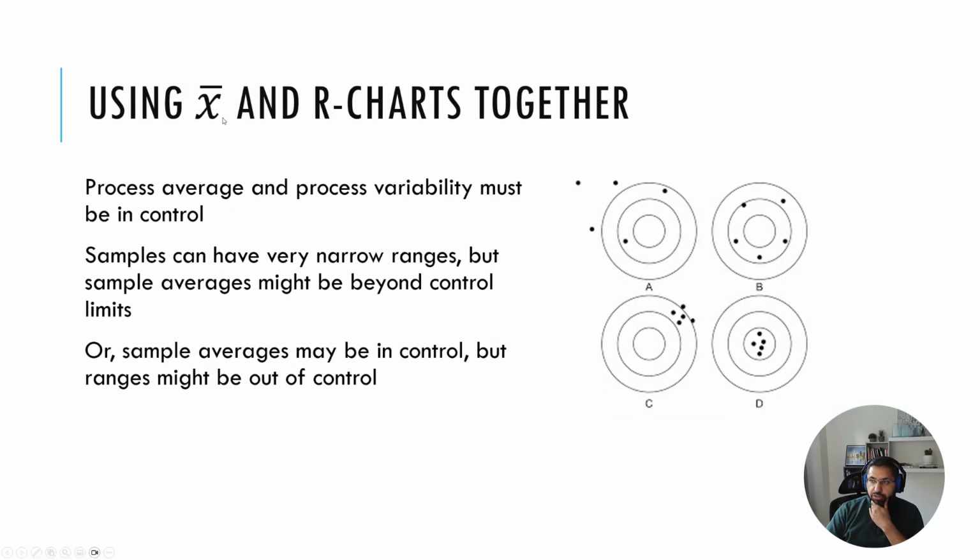Now, why do we need to use two charts, X bar and R charts, together? That's because the mean of the process might shift, or the variance in the process might increase. If the variance in the process increases, the R chart will tell you the variance is going up.